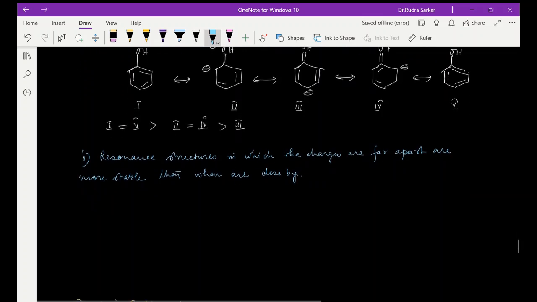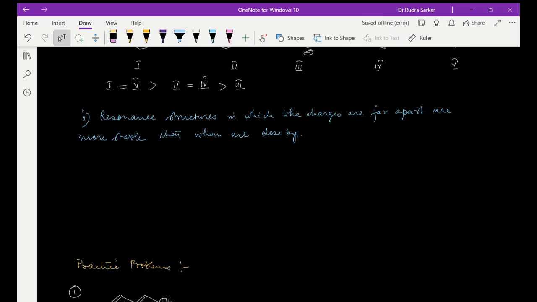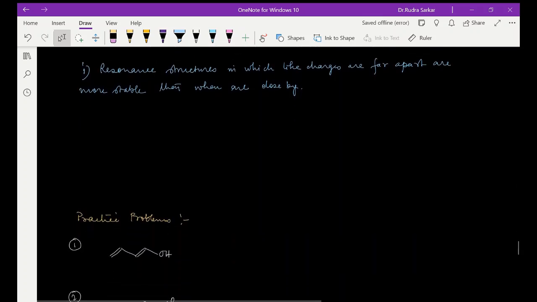And that should complete the topic relating to the rules of resonance.